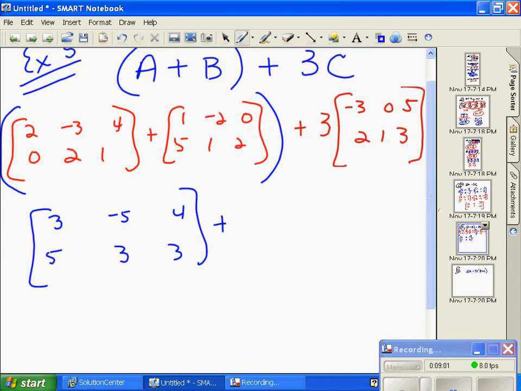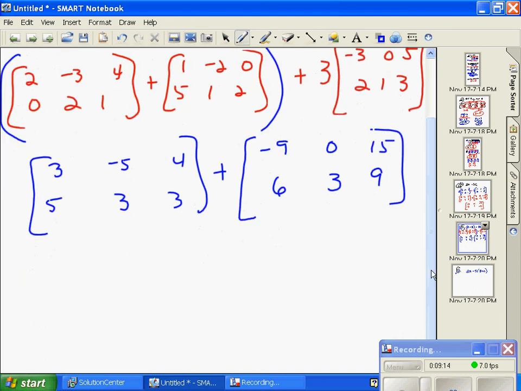Now I'm going to take 3 times everything in that second matrix to get negative 9, 0, 15, 6, 3, 9. Okay, now I'm ready to add those two together to get negative 6, negative 5, 19, 11, 6, and 12. I don't think I made any mistakes, so I think we're good.